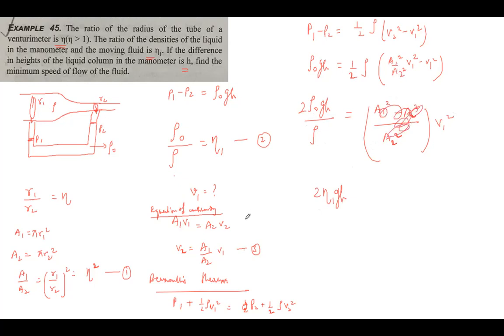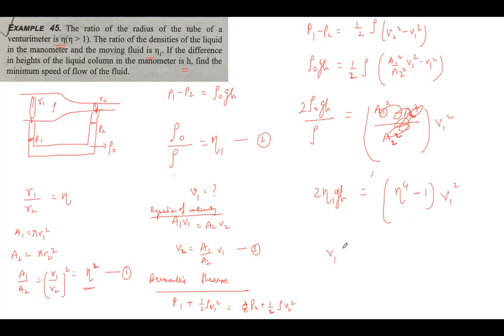A1 square by A2 square we have already known, A1 by A2 is given as eta square. So A1 square by A2 square will be eta raised to the power 4 minus 1 into V1 square.